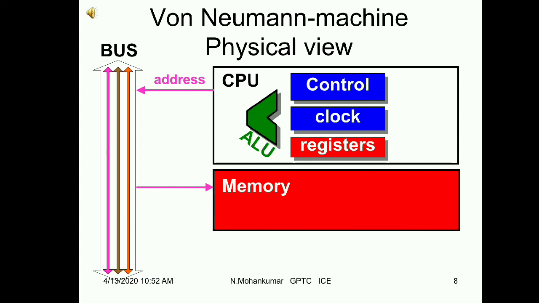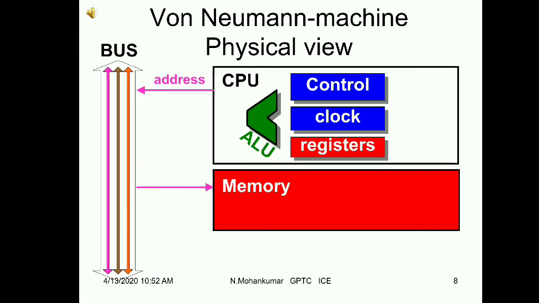Now the question is, how many wires are there in an address bus, or what is the width of the address bus? That depends on the memory capacity, the number of locations in the external memory. As I said, the number of locations in the external memory depends on the addressing capacity of the processor. The relation is, if there are n address lines, 2 to the power n memory locations will be there in the external memory.